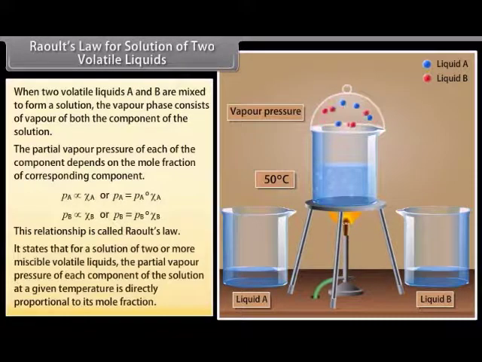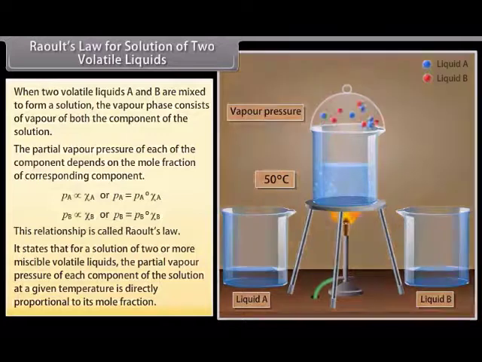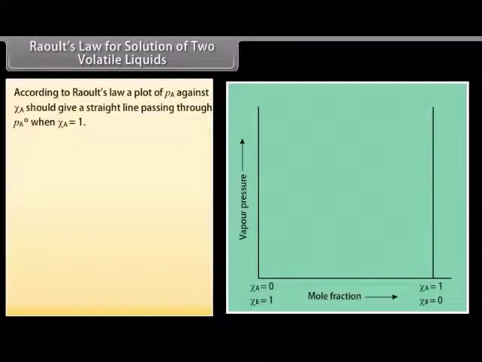It states that for a solution of two or more miscible volatile liquids, the partial vapor pressure of each component of the solution at a given temperature is directly proportional to its mole fraction. According to Raoult's law, a plot of PA against XA should give a straight line passing through P0A when XA is equal to 1.